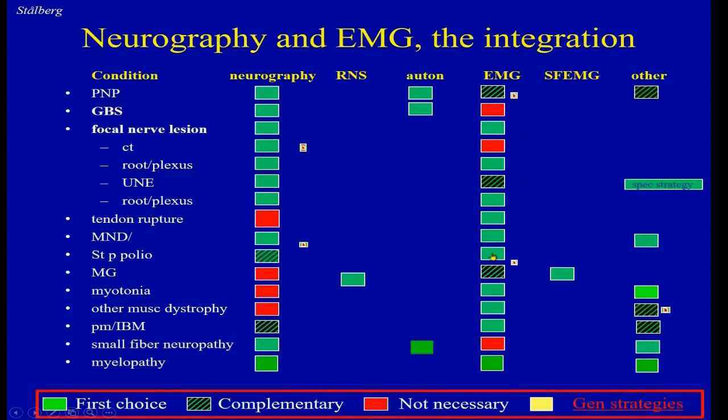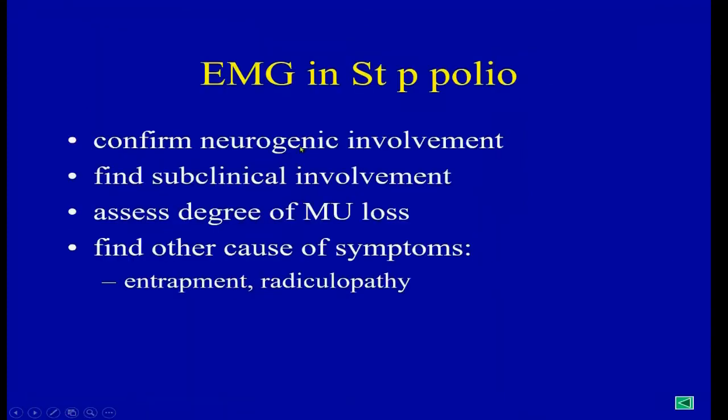EMG, because first of all we want to confirm that it is really neurogenic involvement. We sometimes see a patient that had an acute situation many years ago, but actually it was misdiagnosed, it was a stroke instead. And it's also easy to detect subclinical involvement, to give a patient information about that.